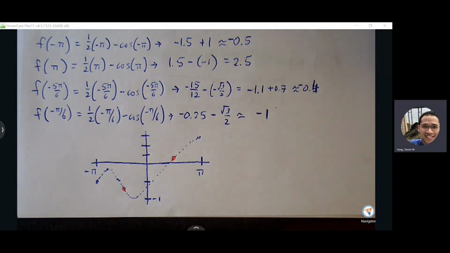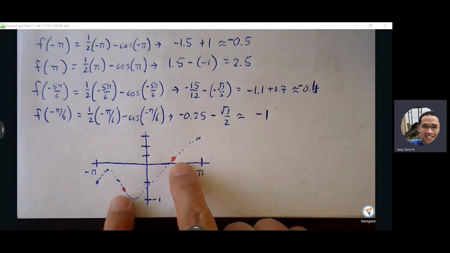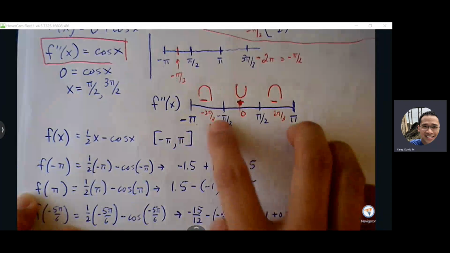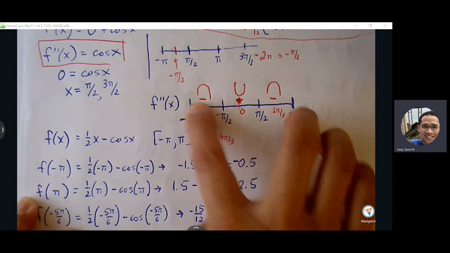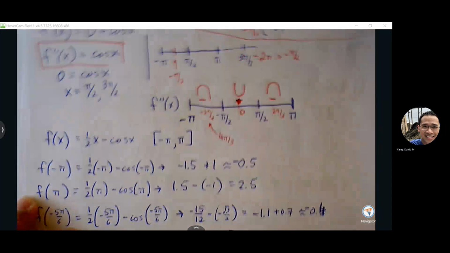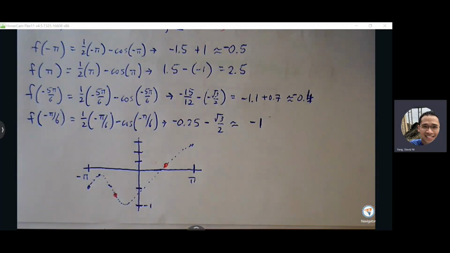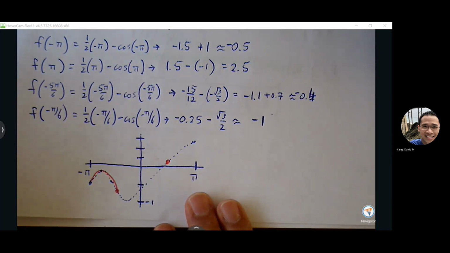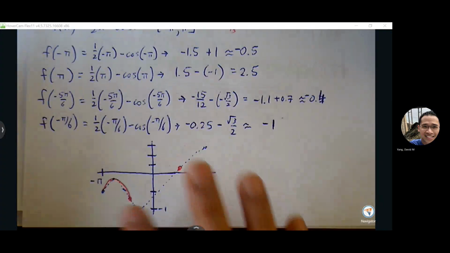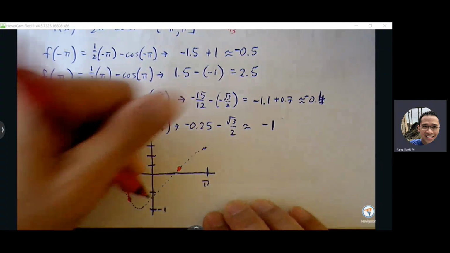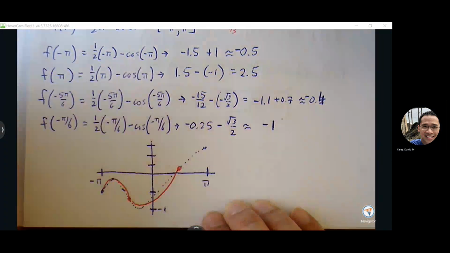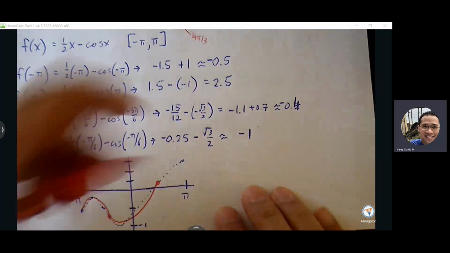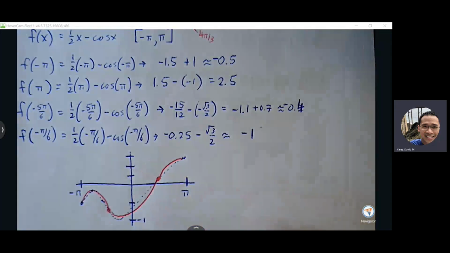And now between my points of inflection and my endpoints, I know I can just match the graph with the curvature that I expect, right? So I want concave down to go to -pi/2. Concave up to reach my next point of inflection. And then concave down to end my sketch.